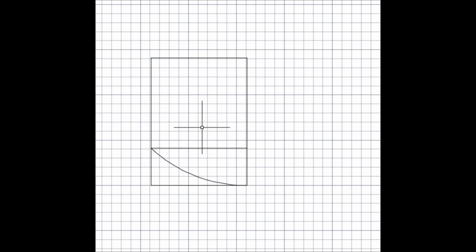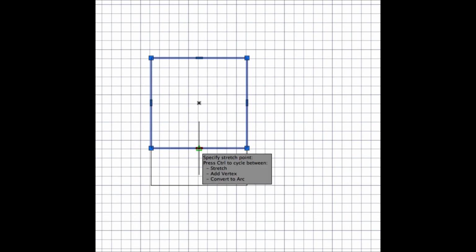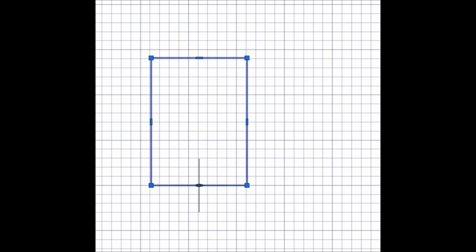So we've arrived at the golden rectangle, and we can just drag that down there. Okay, now we need to find two center points.